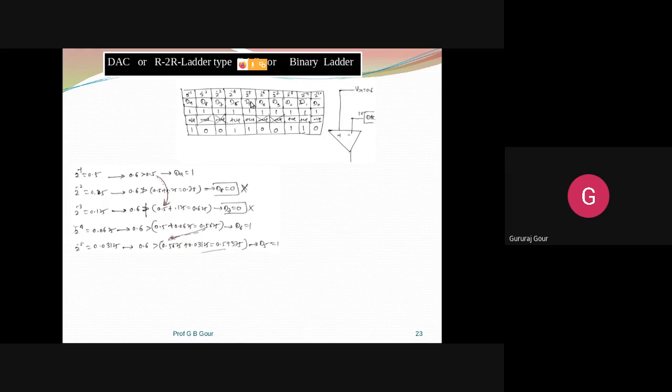Five times 1 by 2 means 2 to the power minus 5. This will give the present weight at D5 position. What is it? 0.03125. Now this present weight we have to add cumulatively with the weight where the last bit was set.